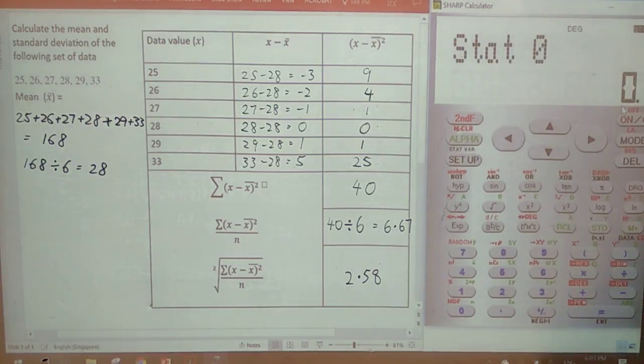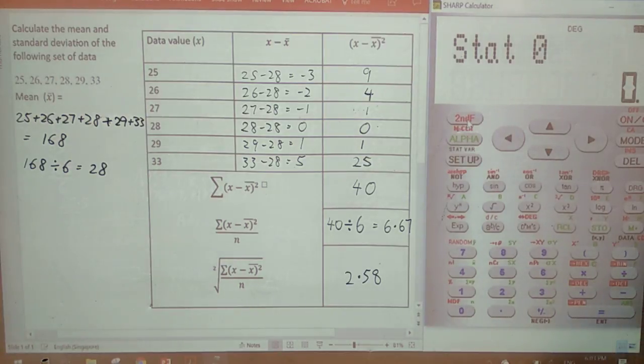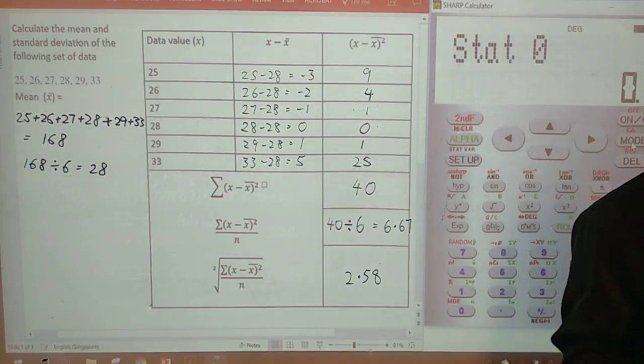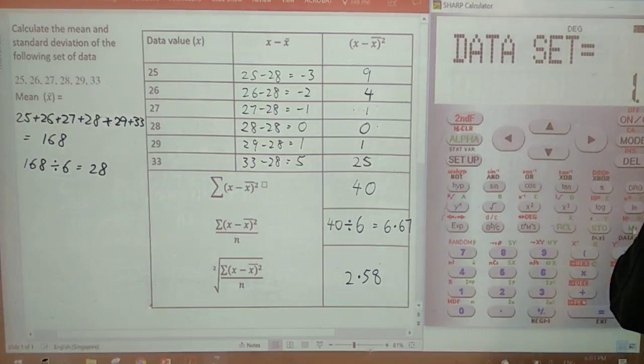But there's one more step we have to do. We need to clear previous data that has been stored in this calculator. So we click the second function and click on mode to clear all previous stored data. Now we are ready to enter the values. So 25. If you press M+, you have the first entry in your data set.